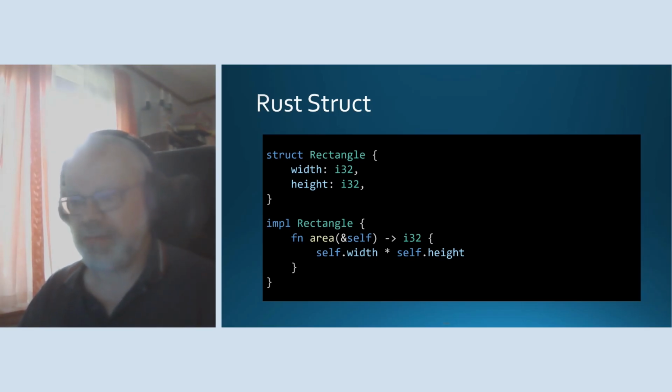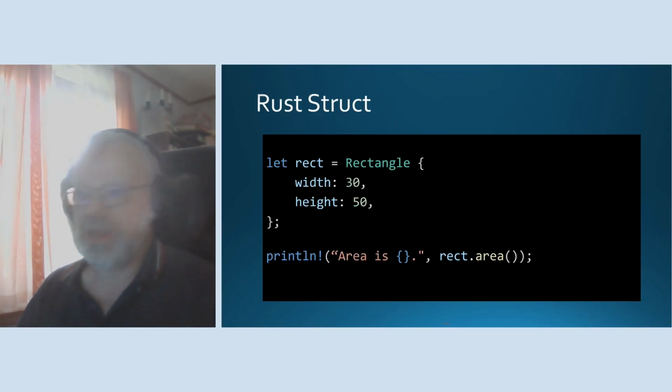We can add functions to that rectangle, and here's an area function that calculates the area of that rectangle. We can use that rectangle. Here we declare a rectangle with width 30, height 50, and then we call rect.area to get the area of that rectangle.